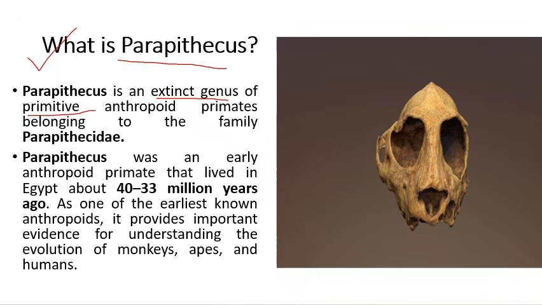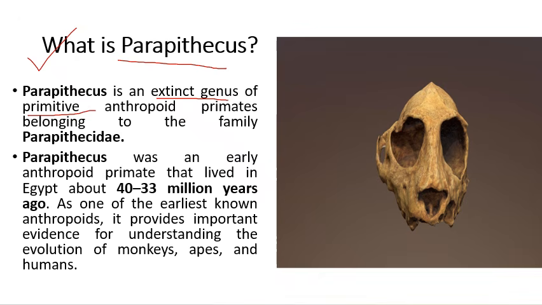Parapithecus belongs to the anthropoid primate group, and it is extinct. It lived during the Oligocene epoch, which is very important. The name literally means beside the apes, or ape-like primates.